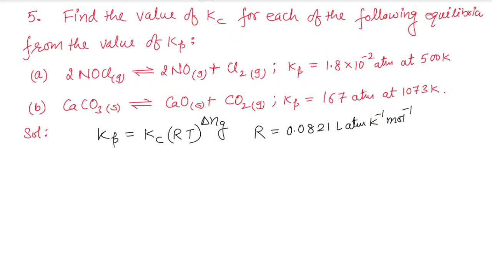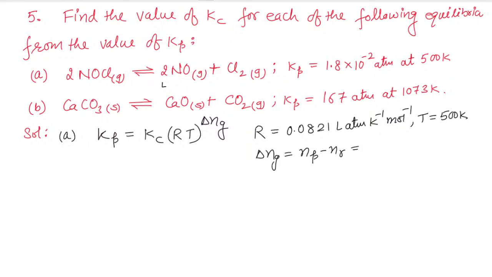You know the values of R in different units, but here as Kp is given in atmosphere, we should take R in terms of atmosphere. And the temperature here is 500 Kelvin. Now what is left? Delta Ng for the first expression. So delta Ng is the number of gaseous moles of product minus the number of gaseous moles of reactant.